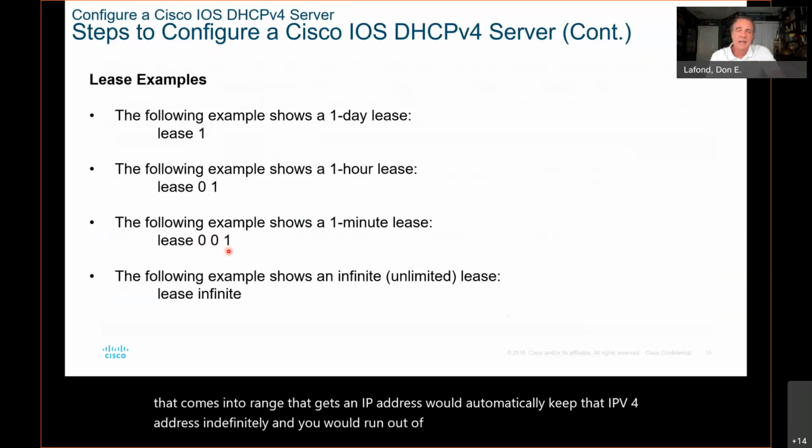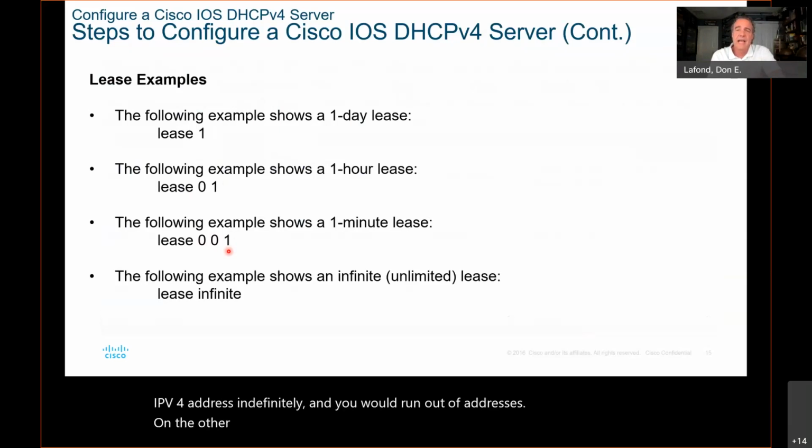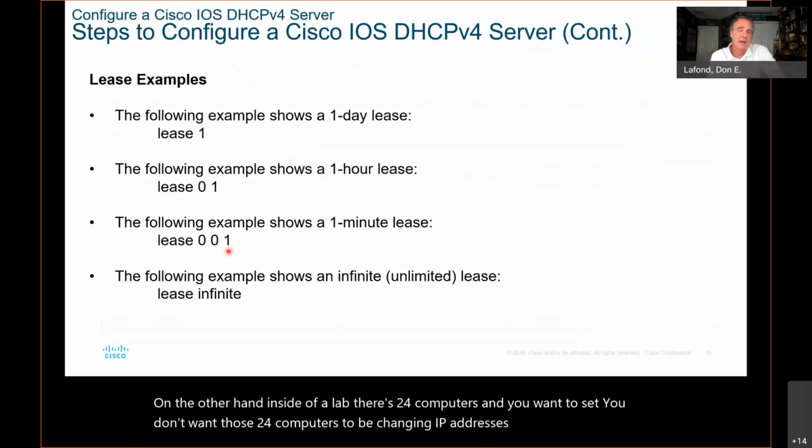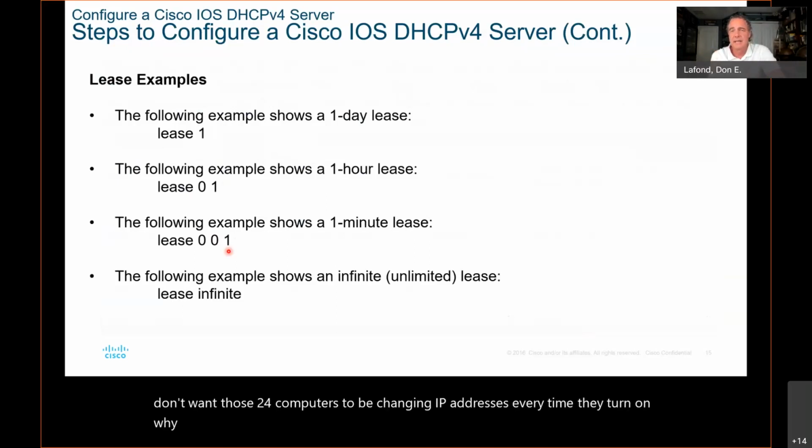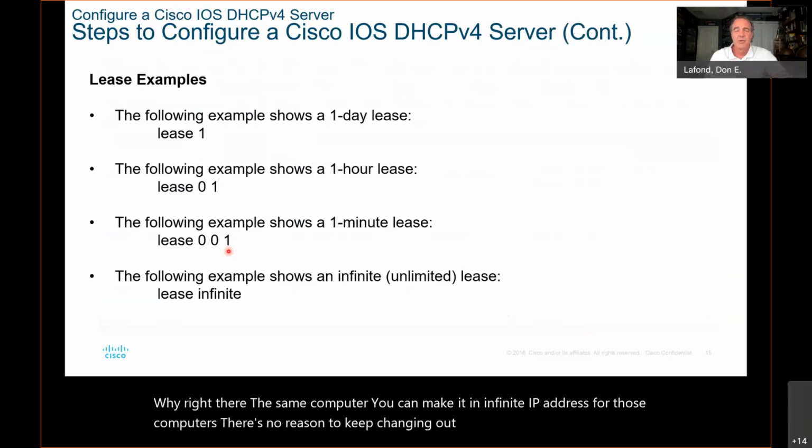On the other hand, inside of a lab, there are 24 computers, and you don't want those 24 computers changing IP addresses every time they turn on. Why, right? They're the same computers. You can make it an infinite lease for those computers. There's no reason to keep changing the IP address. Those 24 don't change.